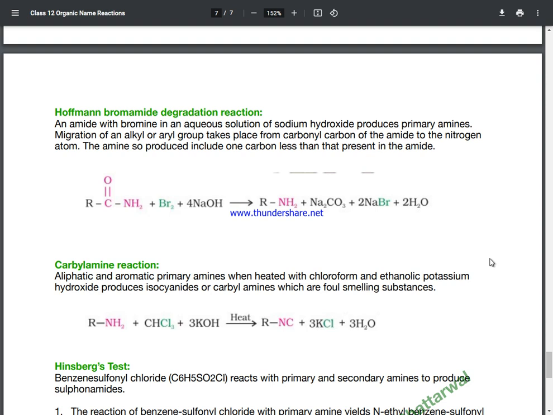An amide with bromine in an aqueous solution of sodium hydroxide produces primary amines. Migration of an alkyl or aryl group takes place from the carbonyl carbon of the amide to the nitrogen atom. The amine so produced includes one carbon less than that present in the amide.